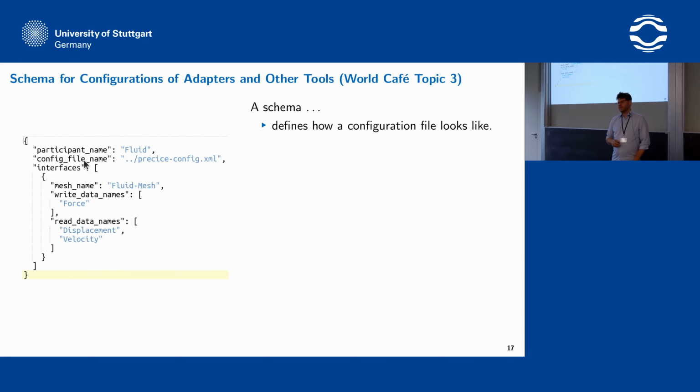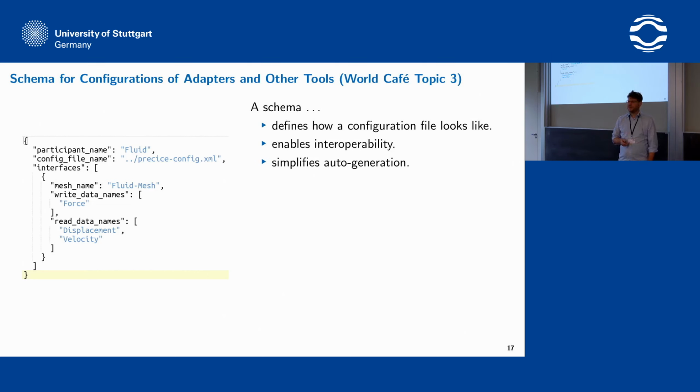And maybe you know what a schema is, maybe this is the first time you hear it. A schema is basically a rule set that defines how such a configuration file should look like. And why does this help? If we have this, it enables interoperability. Then you could use the same adapter config file, but with a different adapter, and it should still work.